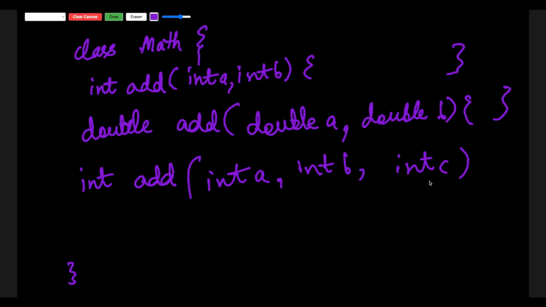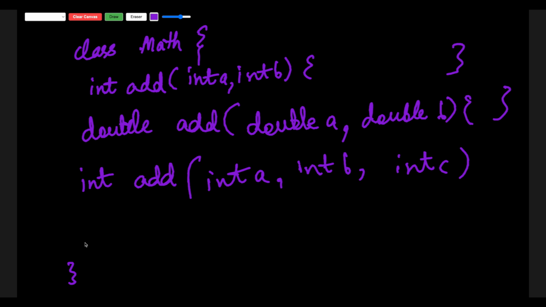Basic key points to remember: first of all, it happens within the same class. It's compile time polymorphism. At compile time we decide which function to use, and it improves code readability by using the same method name for similar operations. But keep this point in mind, overloading doesn't happen with the return type.